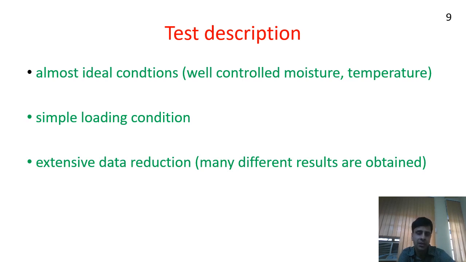Meaning from a single test you will try to collect a large amount of data. For example, if you do a normal tensile test, from the stress strain curve you could extract the Young's modulus, you could extract the yield stress, you could extract the toughness, you could also extract the Poisson's ratio. So at a coupon level test, with one test you want to do many things.